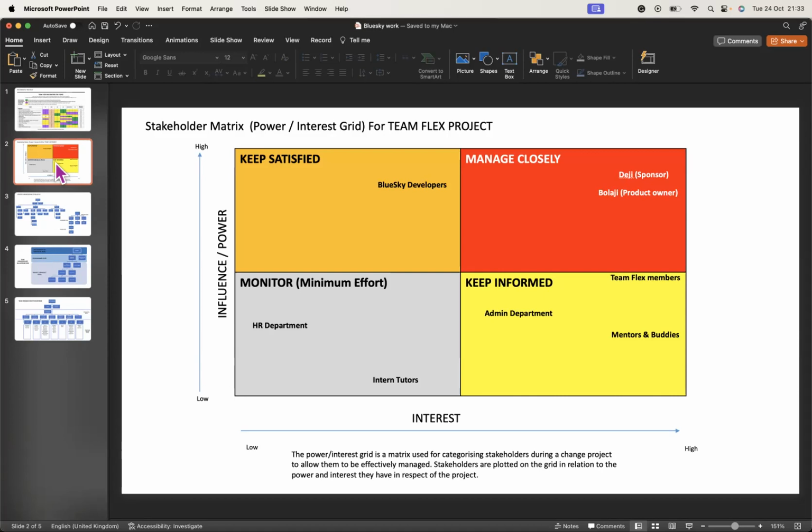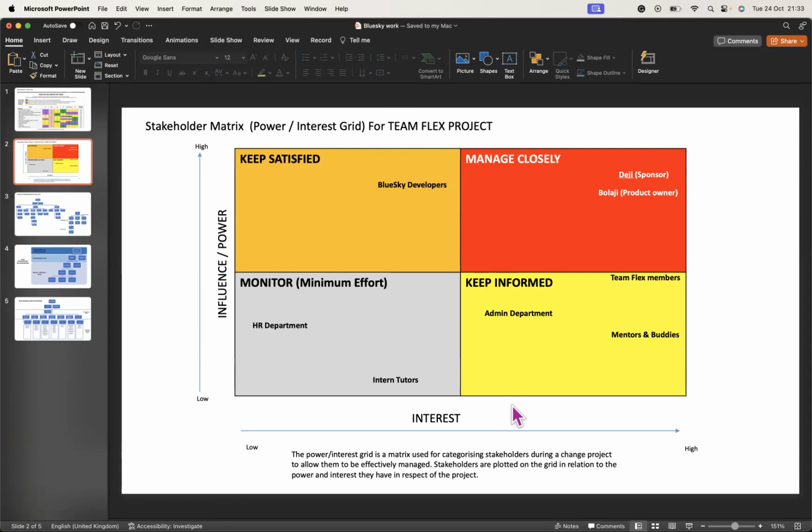So we've done the power interest grid in terms of the project on our internship, what we're developing, just to try to identify the different stakeholders and where they would map in terms of their influence and power on the project. We've represented them across the 2x2 grid as to where they would fall.